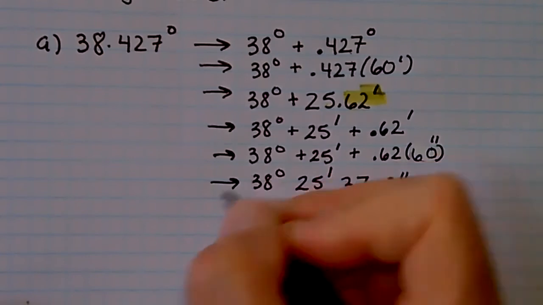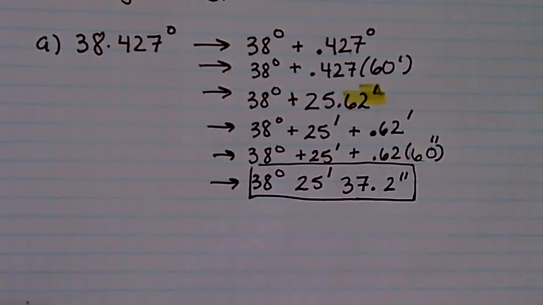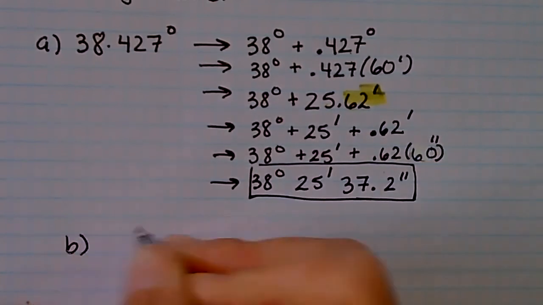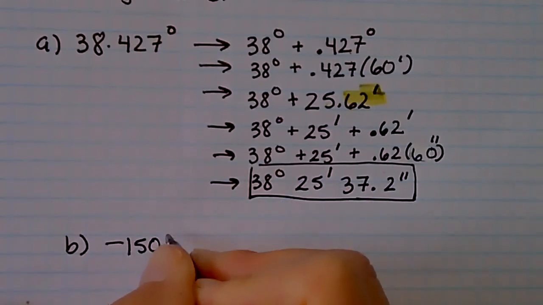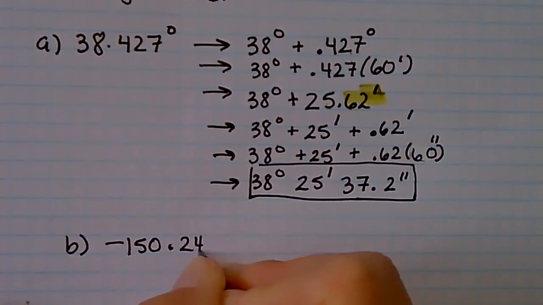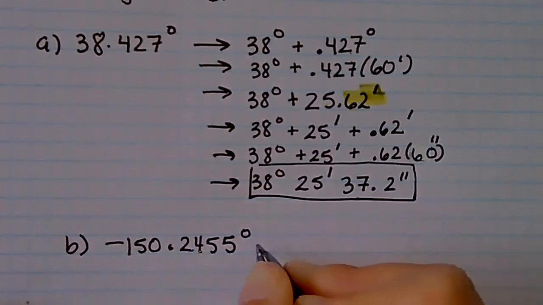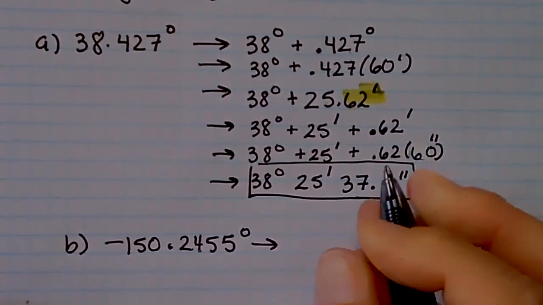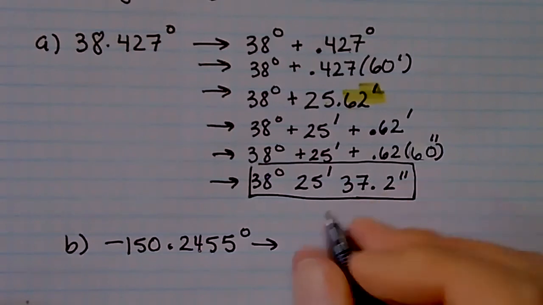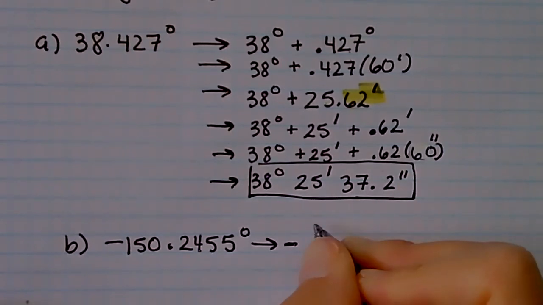So let's try one more. So the next example, we have negative 150.2455 degrees. Okay, so I know I'm going to have a negative answer.